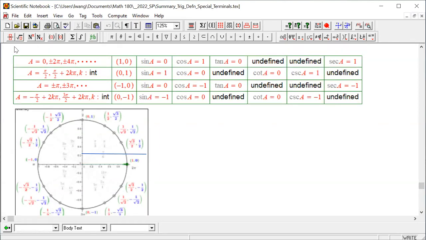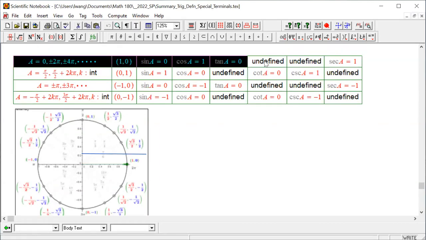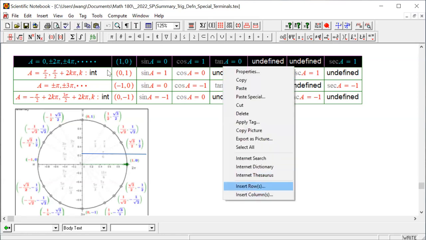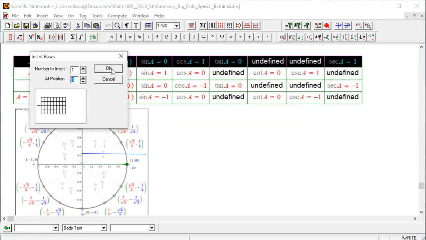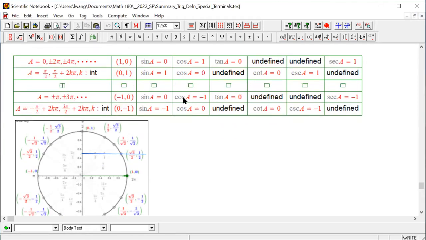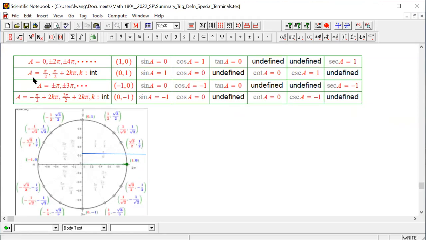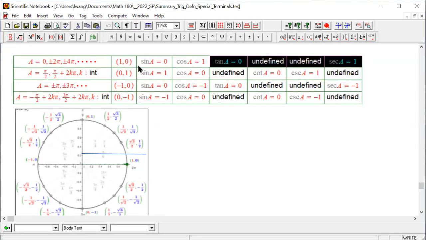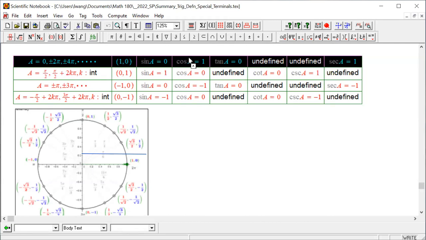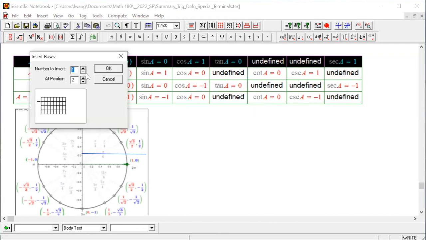Yes, I think I might have missed something here. All right, so I should insert a row over there. Wait a second. I should put it over here, okay? Because it's a little bit hard to tell which one.